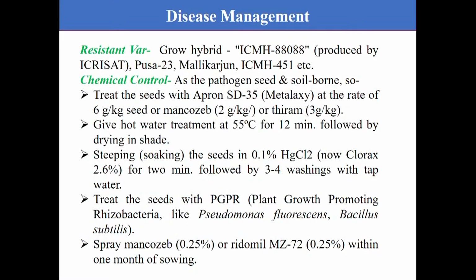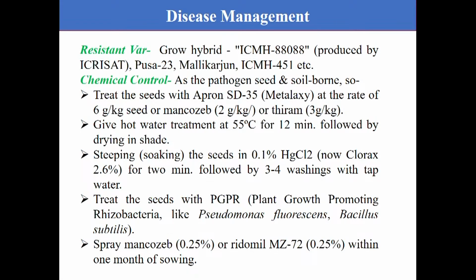Now about the resistant varieties, you can grow hybrid varieties like ICMH 88088, which has been produced by ICRISAT, and Pusa 23, Mallikarjuna, and ICMH 451, etc. These are some resistant cultivars you can grow.